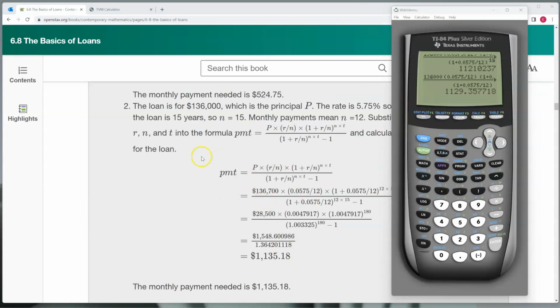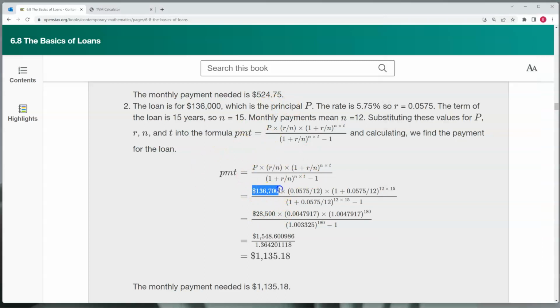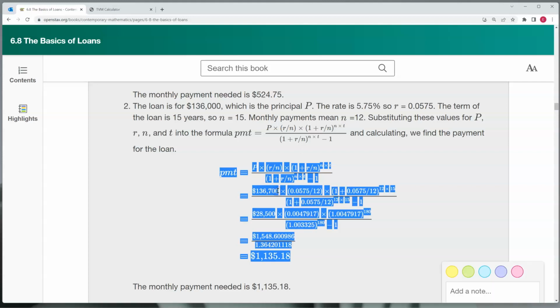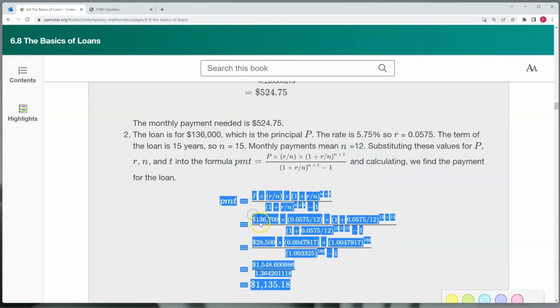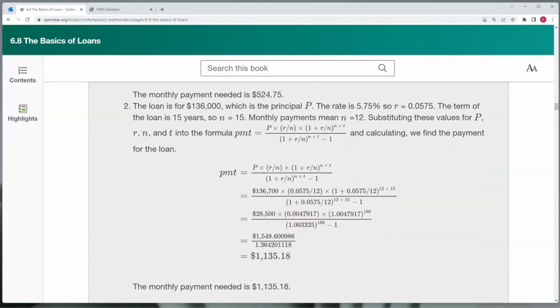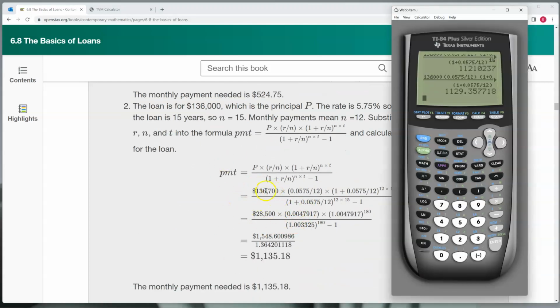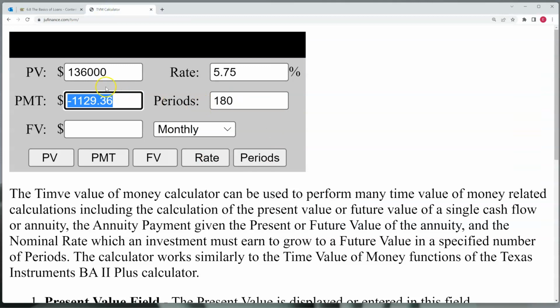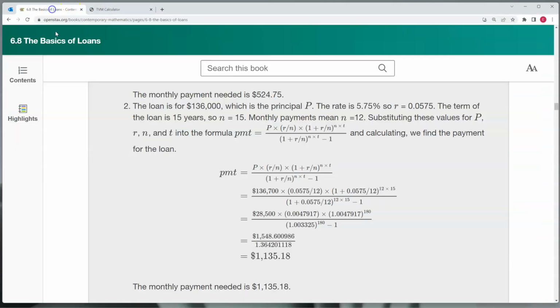So I think I found a typo in the book here. I think it's because they're mixing and matching when they wrote the book, but you can see that they do 136.7, not just 136. And so I'd put 136 in the calculator and get 1129.36, which is what I would have gotten from the TVM calculator.